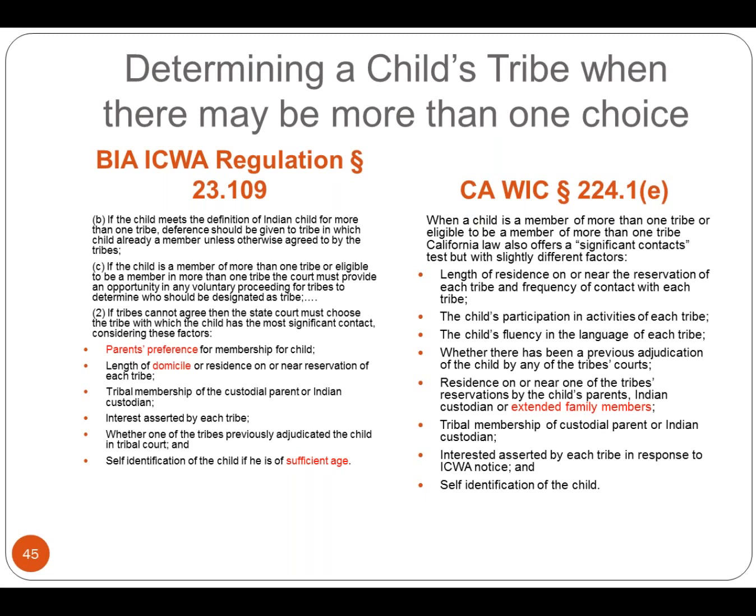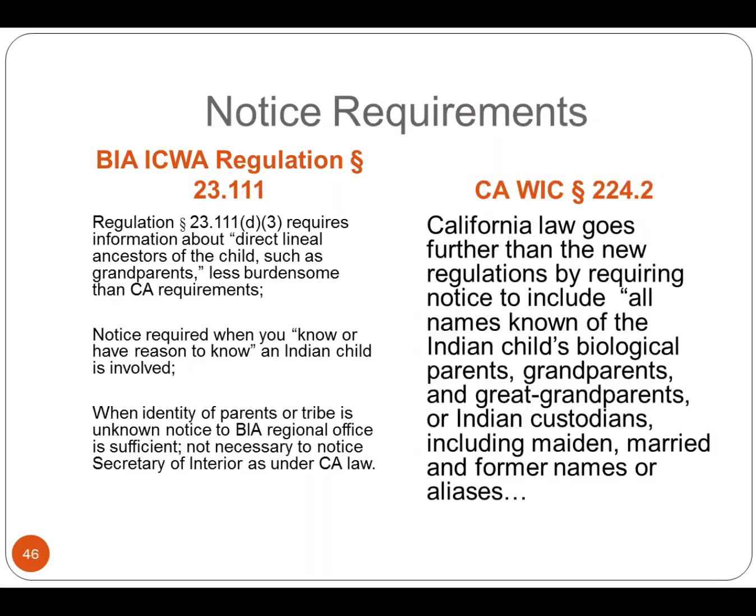Whether there has been a previous adjudication of the child by any of the tribe's courts, residence on or near one of the tribe's reservations by the child's parents, Indian custodian, or extended family members, tribal membership of the custodial parent or Indian custodian, interest asserted by each tribe in response to the ICWA notice, and the self-identification of the child. So a couple of differences, some variation in wording, but a lot of similarity between the regulations and existing California law.